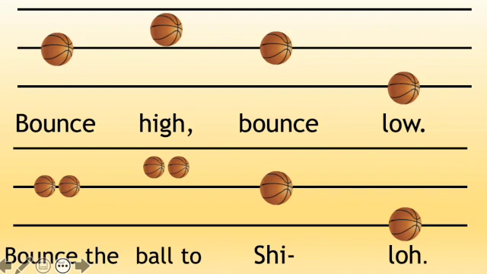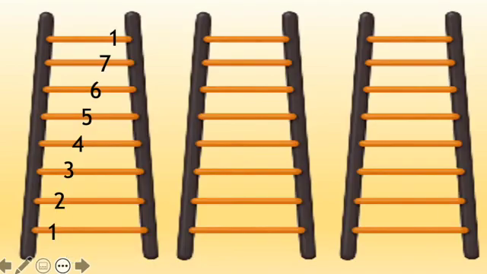Maybe it would be easier to see on my ladder. There are my 7 steps. But remember, this song only uses 3 of them. Do you remember which 3? If you said steps 3, 5, and 6, you're exactly right.